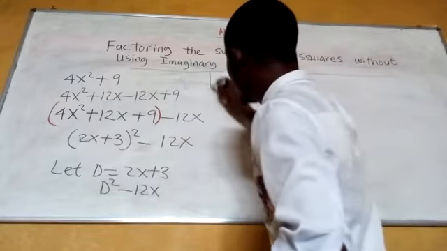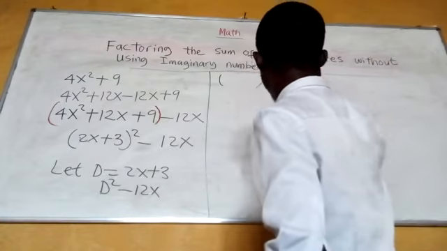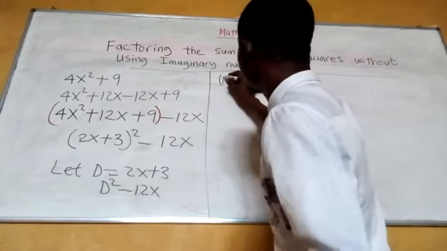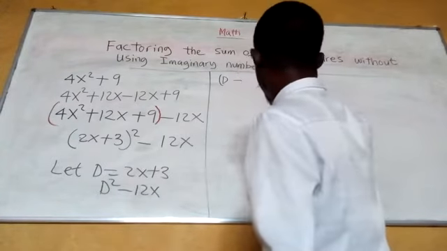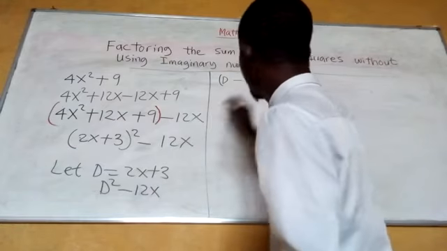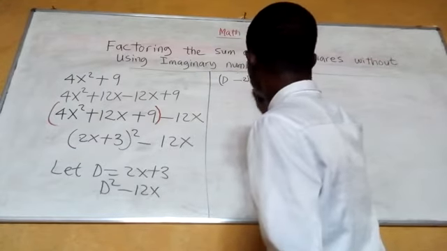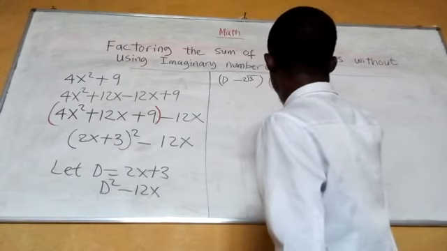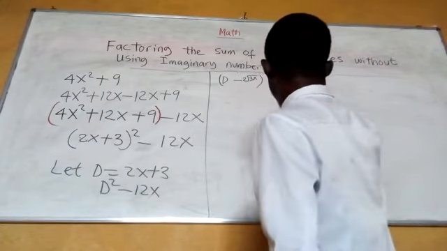I can now see that D squared minus 12x can easily be factorized. So factoring D squared minus 12x, we have D squared means D times D. Negative means negative times positive. 12x means 2 root 3 times 2 root 3, and then x means root x times root x.